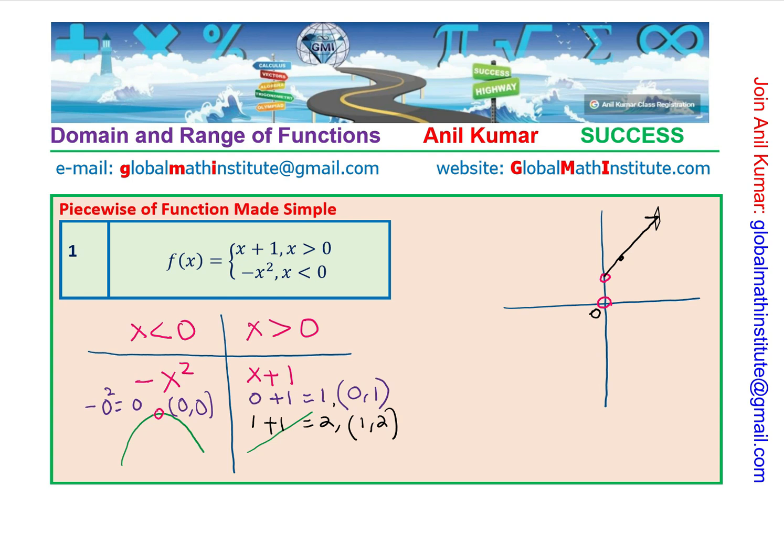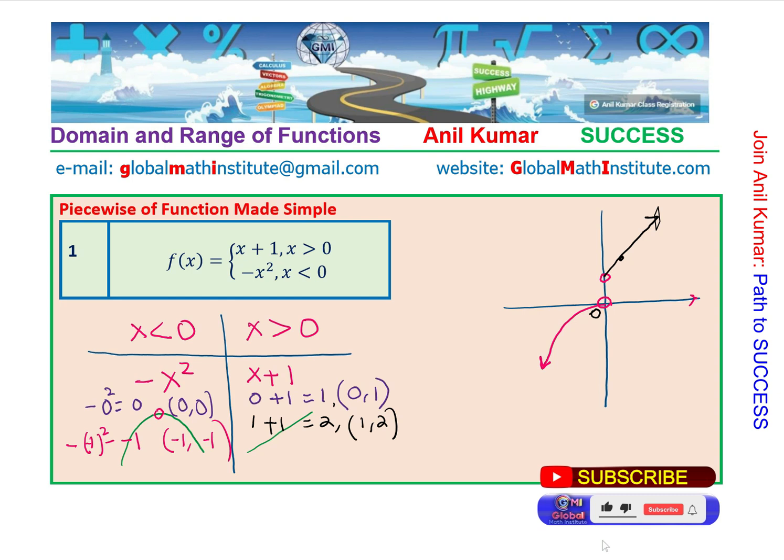And then when I take x as minus 1, minus of minus 1 whole squared gives me minus 1. So the other point here is that at minus 1, I have minus 1. And the shape of a parabola is kind of important, right? That becomes the second piece where x is less than 0. So that's what you get, the graph of the function.